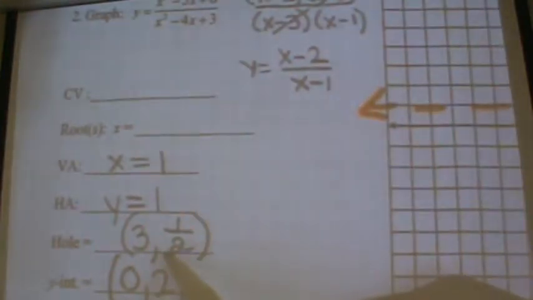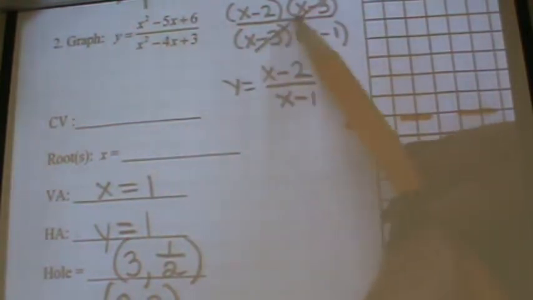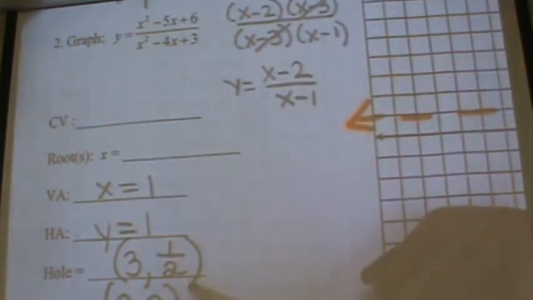Miss Holly, what's the line at 3 that you put? The line at 3, at the hole. A hole occurs when you cross out an asymptote. This is really an asymptote, but you cross it out. So you have a hole, we talked about this yesterday.